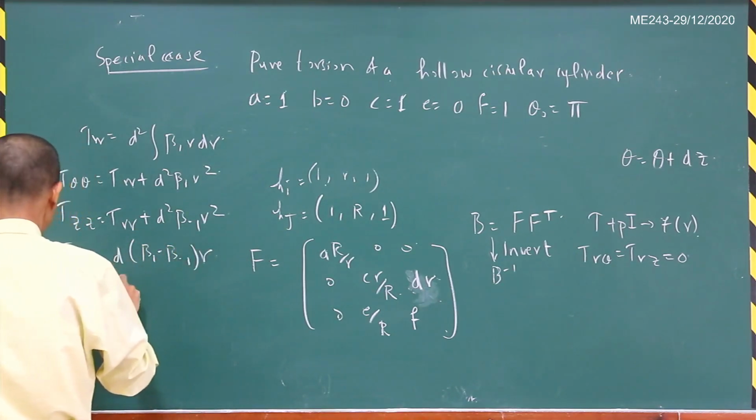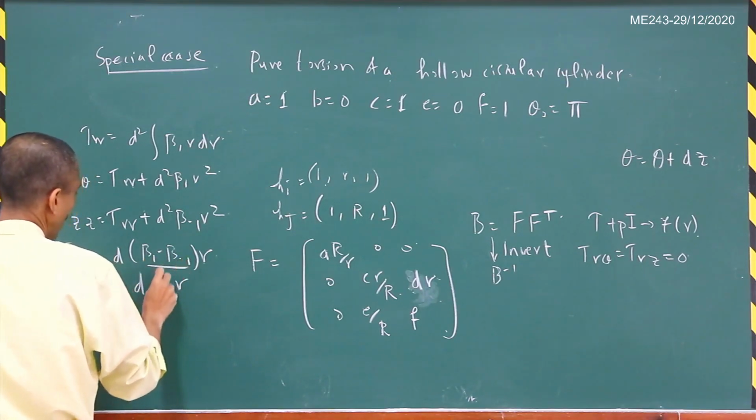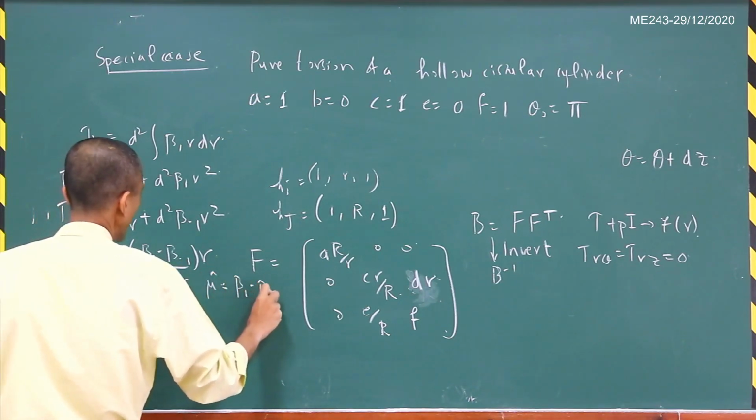So this you can say is d times mu hat times r. This factor we are calling mu hat. So mu hat is equal to beta 1 minus beta minus 1.